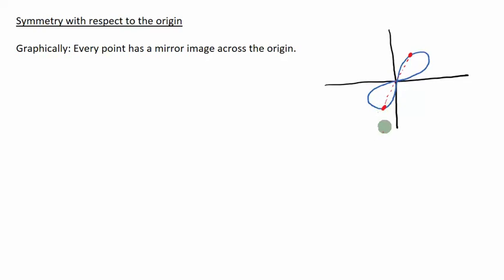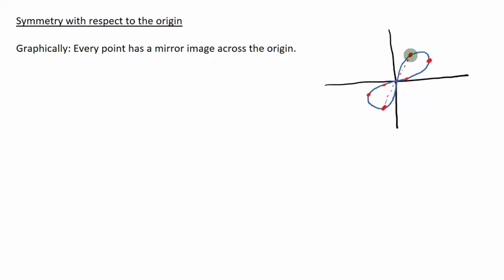Then you get a symmetric point there. This point has a symmetric point across the origin over here. This point has a symmetric point over here across the origin. So when you go across the origin, you always go to the opposite quadrant and you pass through a straight line across the origin.